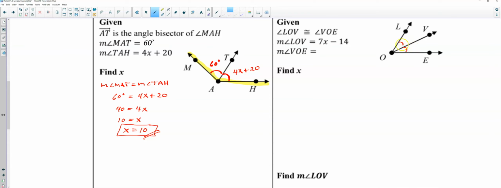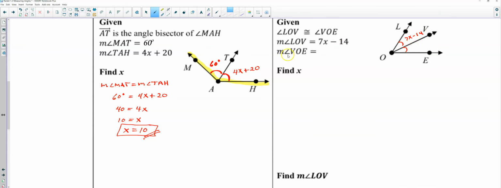Because notice these two are congruent, so by definition, that's the angle bisector. The measurement of LOB is 7x minus 14. So I'm going to write that here, 7x minus 14 on LOB right here.